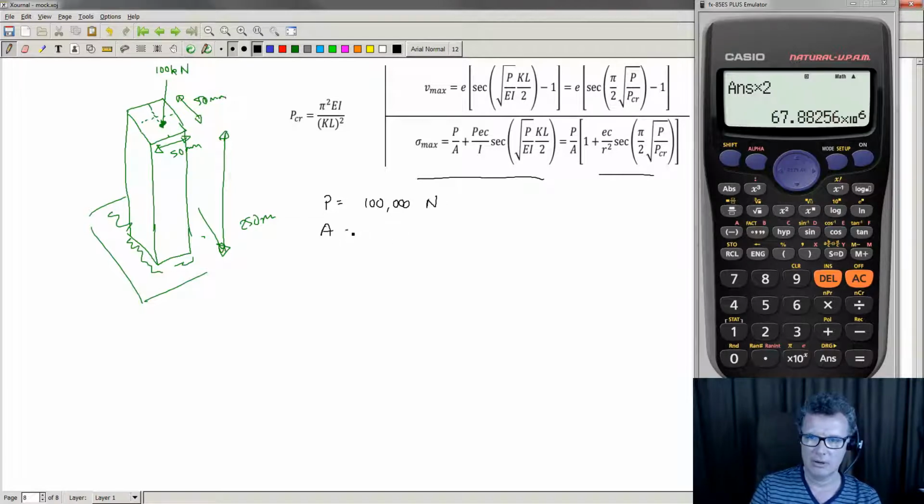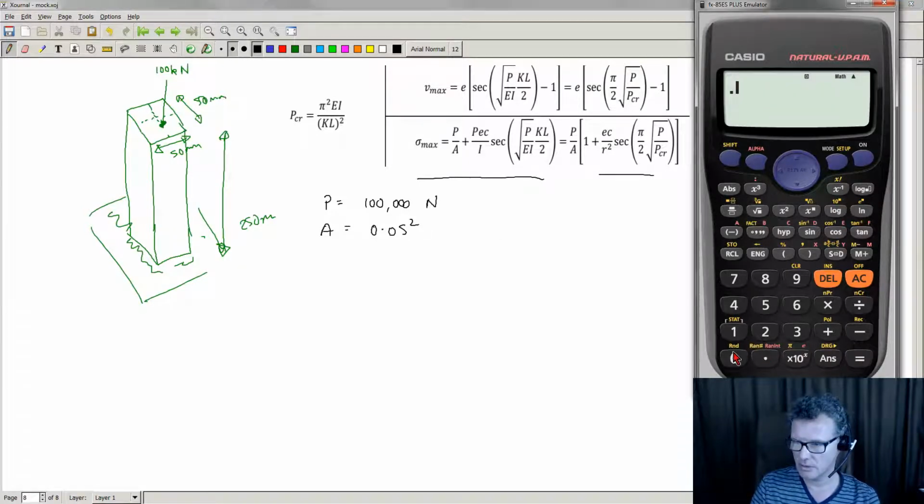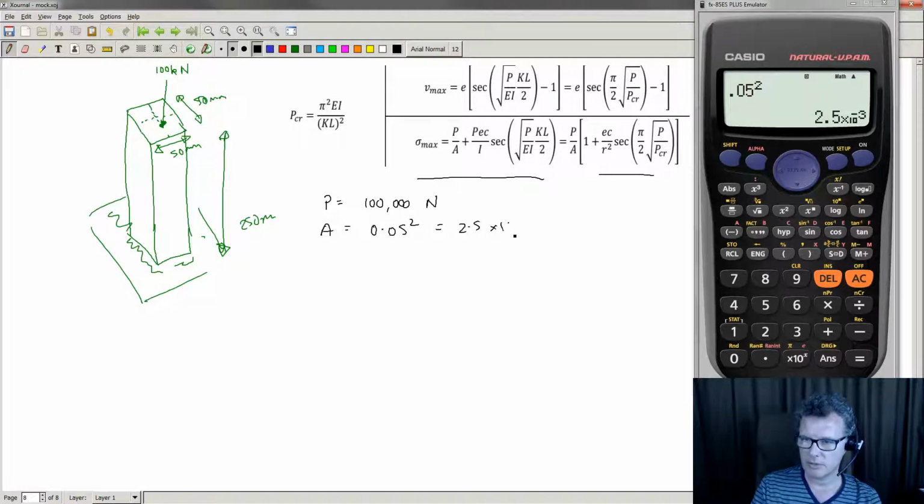The area will be 0.05 squared, 2.5 times 10 to the minus 3 meters squared. The E. So the E is the distance away from the centroid. So this distance here. There we go, that's got an E.